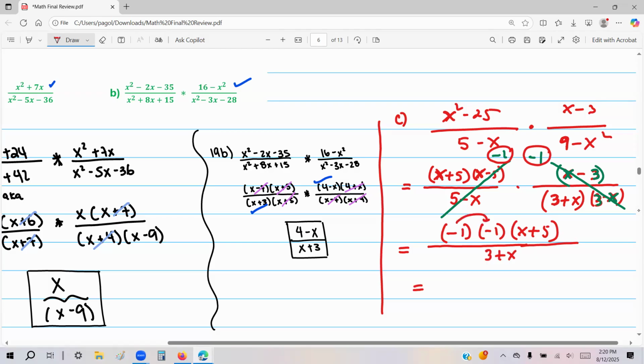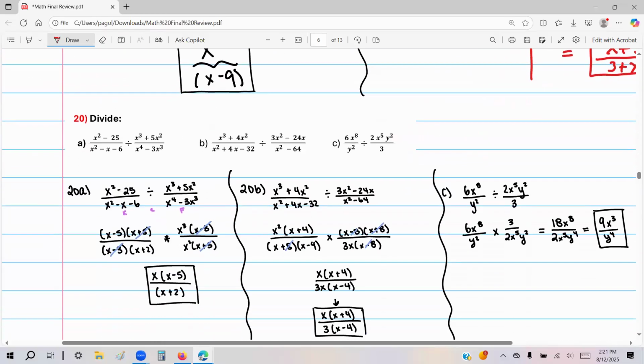And now we see these 2 negatives turn into a positive. So we end up getting a positive result: x plus 5 over 3 plus x. When you have only one negative, the result will be negative. But when you end up getting 2 negatives, the result is positive. Okay? Any question? No?